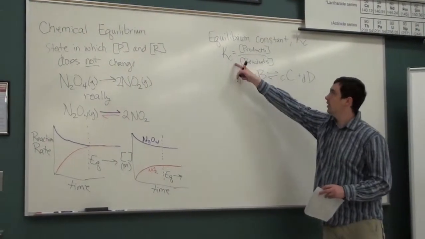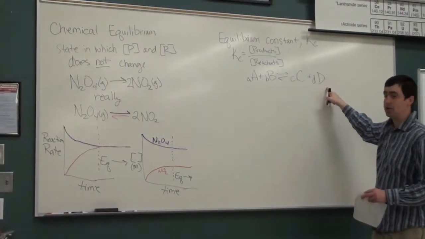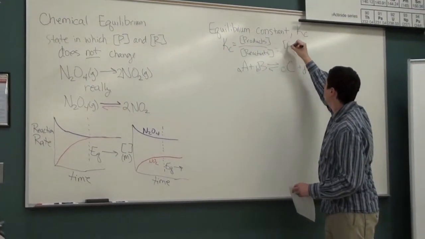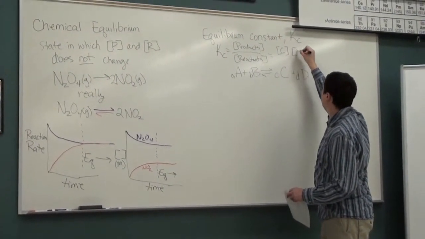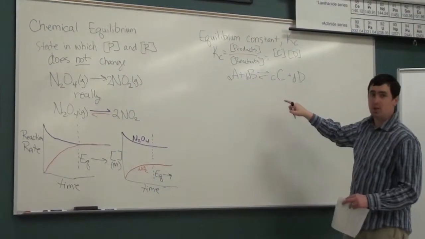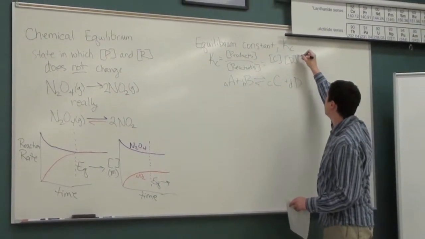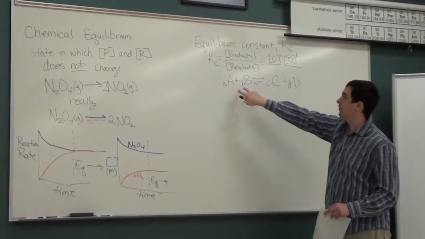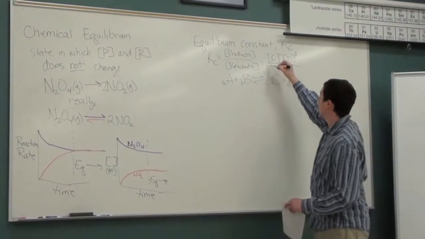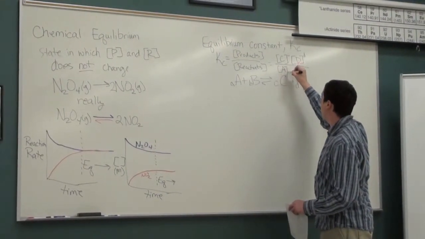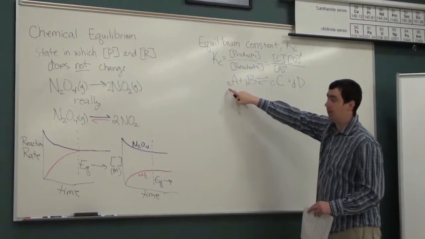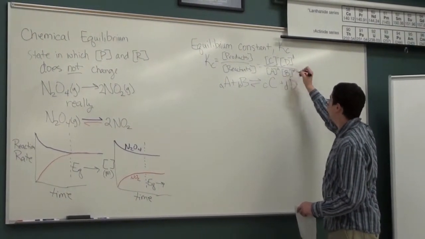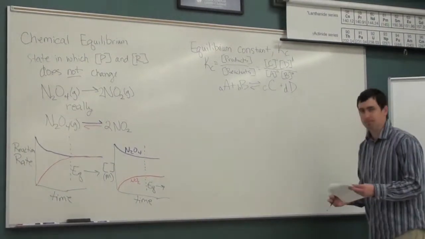If we calculate the equilibrium constant for this general reaction, we're going to see products, which are C and D, raised to the powers of their molar coefficients, so little c and little d. And on the denominator, we're going to have the molar concentrations of the reactants: the concentration of A raised to the little a, and then the concentration of B raised to the molar coefficient of B.